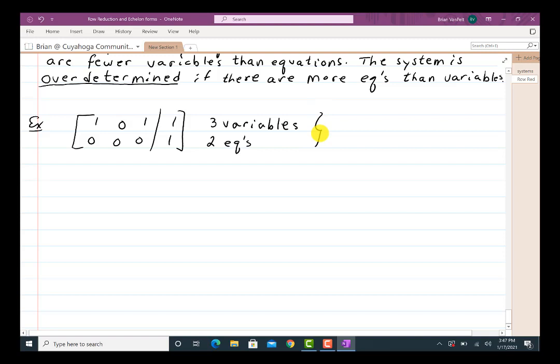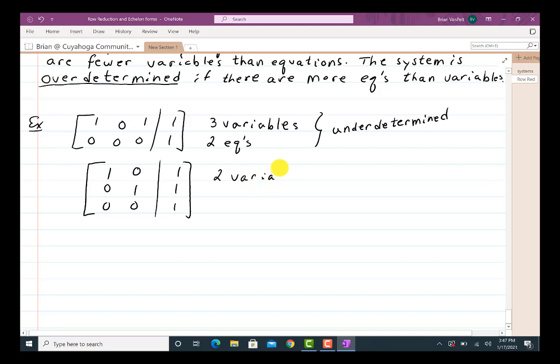So in this situation here, we are underdetermined. On the other hand, I can simply reverse things a little bit. And in this case, we just have two variables like x and y, so two variables, 3 equations. This is overdetermined.